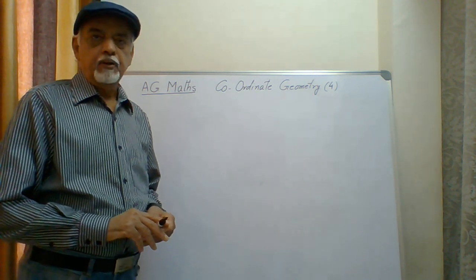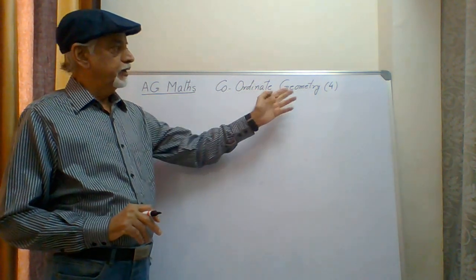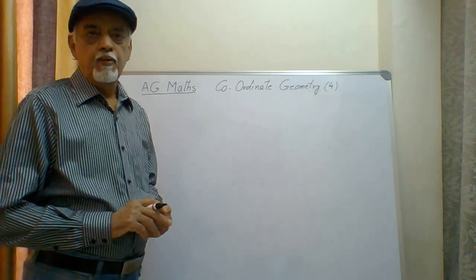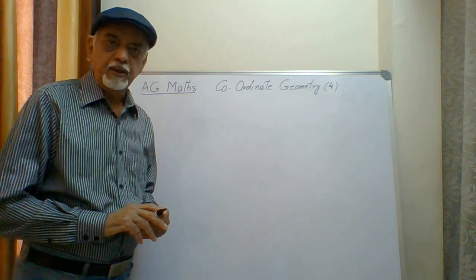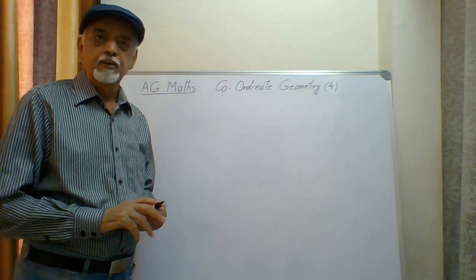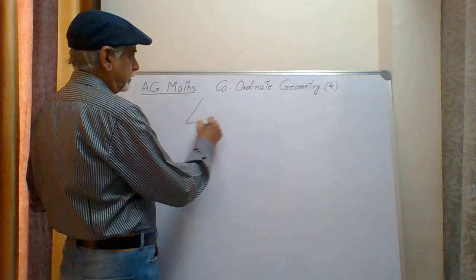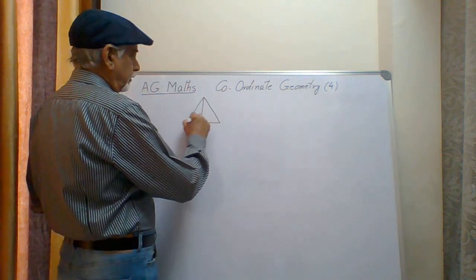If I remember, in the last video of coordinate geometry number 3, we discussed the coordinates of the centroid, how to find the coordinates of the centroid. If this is a triangle, these are the medians.